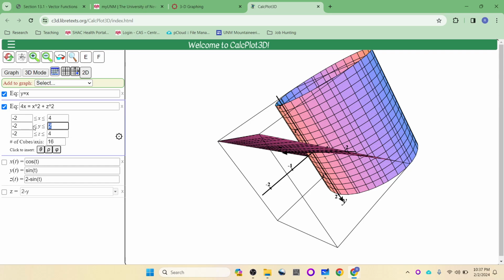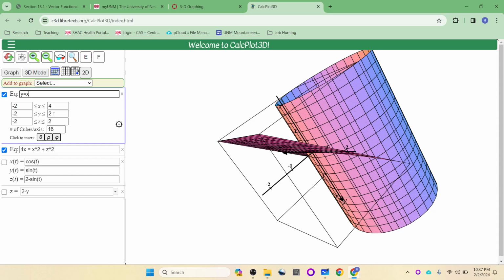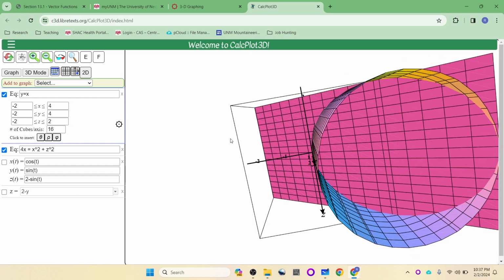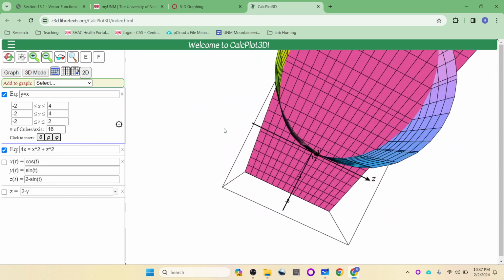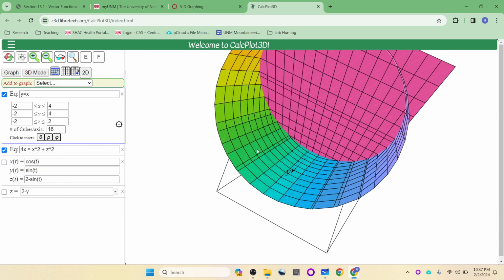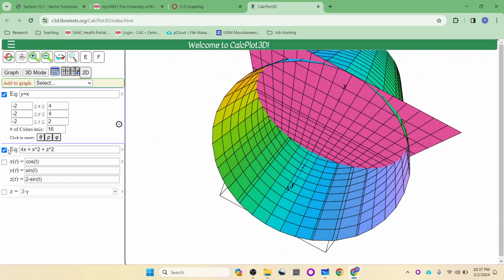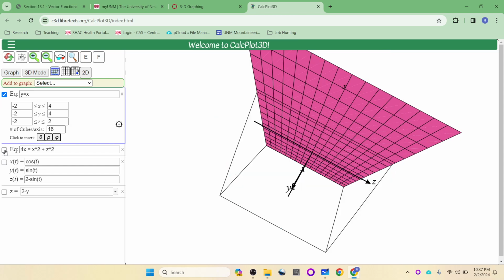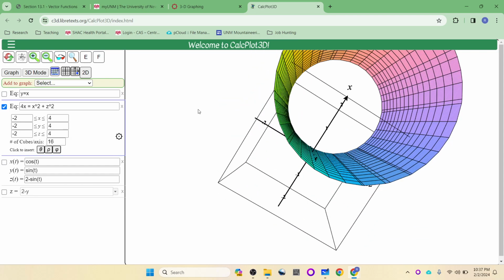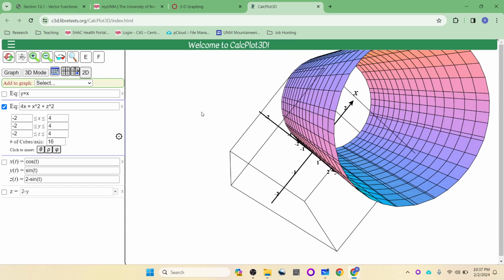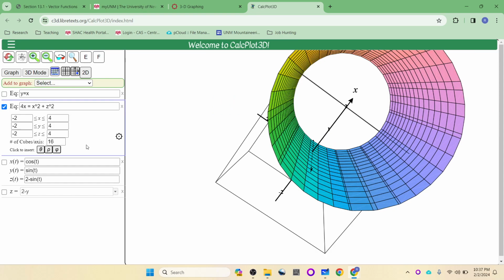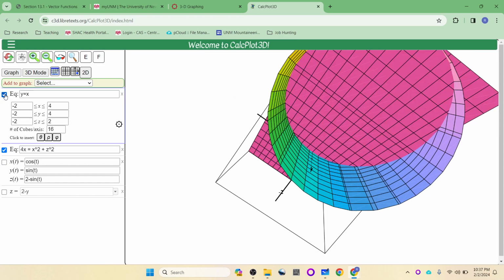Let's make y also go up to 4. Now we can see the whole intersection is another sideways circle. If we look down on it, what would this circle be? Let's turn on the cylinder, turn off the plane. We can see the center is at 2. So it's a circle centered at 2, with this slanted plane cutting through it.